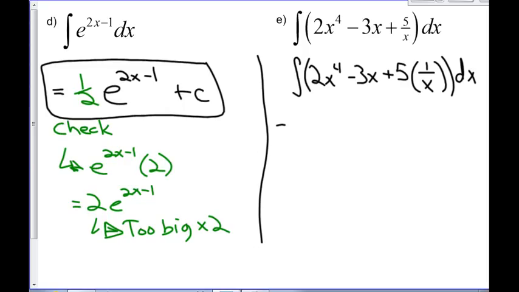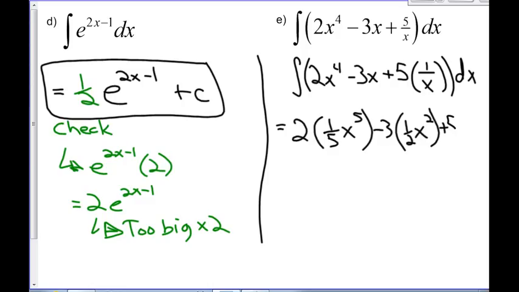Let's see what happens. When we anti-differentiate, I'm not going to guess and test here. I'm just going to say that's 2 times x to the 4, power goes up by 1, flip of the new power in front. Minus 3 times power goes up by 1, flip of the new power in front, plus 5 times ln of the absolute value of x.